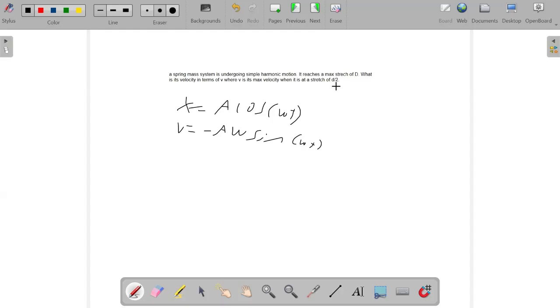Well, if it is at d over 2, its max stretch is d, so we're going to swap out a with d.